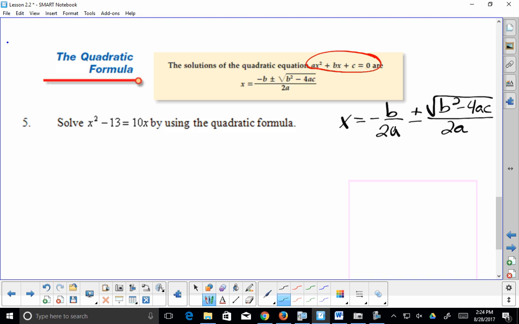It tells me that when I'm graphing this, I know where I need to go. Here's my axis of symmetry, cuts my graph in half, and my zeros are going to be, I'm going to go to the right, square root of b squared minus 4ac over 2a, and to the left from that spot. So you do it whichever way you prefer, right? Just as long as you simplify it correctly then. Okay? So we want it equal to 0.